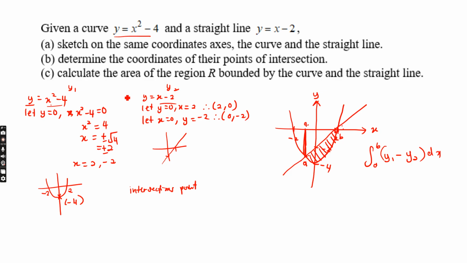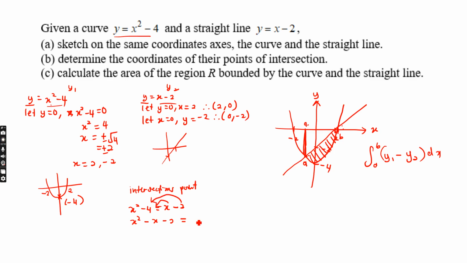Why? Because both of them are y. Y equal to something, y equal to something, which means both of them are equal to each other. So x squared minus 4 equal to x minus 2. Then you move this one, you can get x squared minus x minus 2, move to the left side.